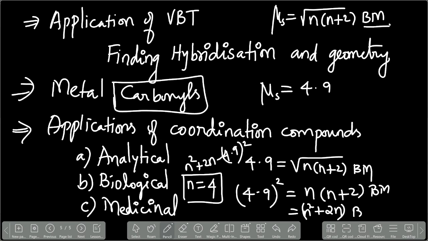In hemoglobin, Fe exists in 2 plus oxidation state, and in chlorophyll, magnesium exists in 2 plus oxidation state. Both have octahedral geometry.